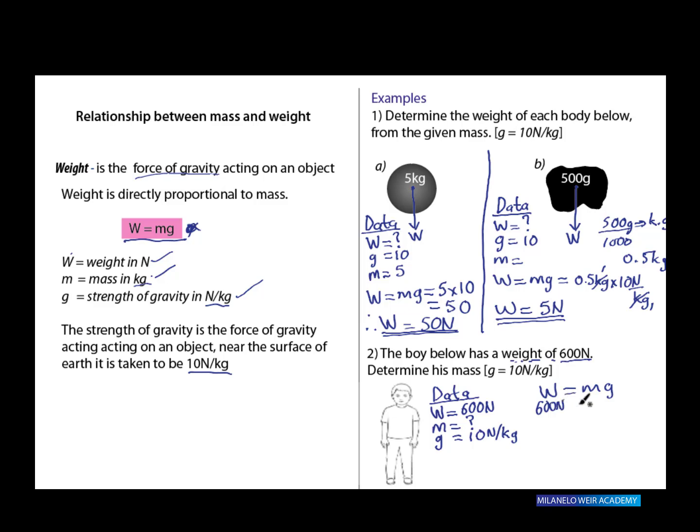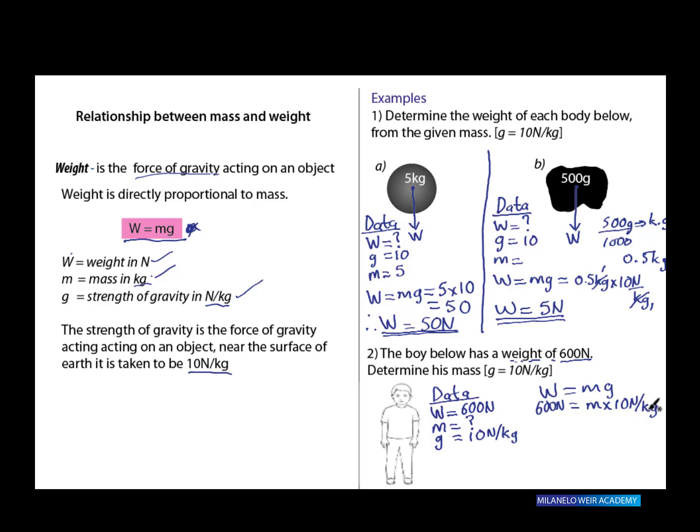600 newtons is equal to m, put the multiplication sign, 10 newton per kg. So what do we do here?